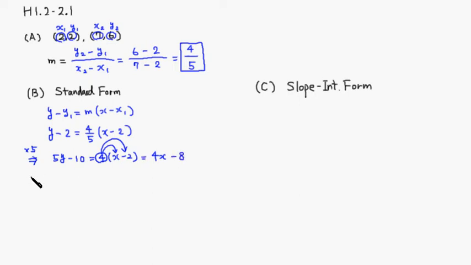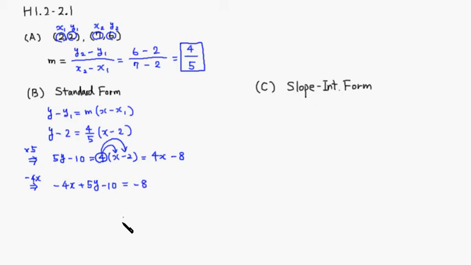Next, since we would like to have the x term on the left-hand side, I'm going to move 4x to this side by subtracting 4x from both sides. So you would have negative 4x plus 5y, and you have a minus 10 still there, is equal to, 4x minus 4x cancel out, so you have negative 8.